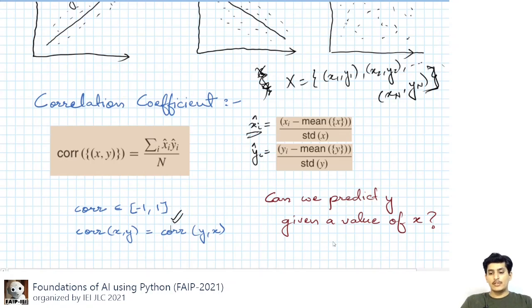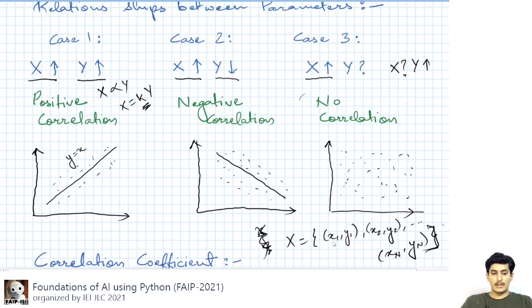So now I have this question for you. Given the correlation between data parameters of a two-dimensional data set, can we predict the value of y given a value of x? So let's think about that. Now we somehow understand the relationship between x and y.